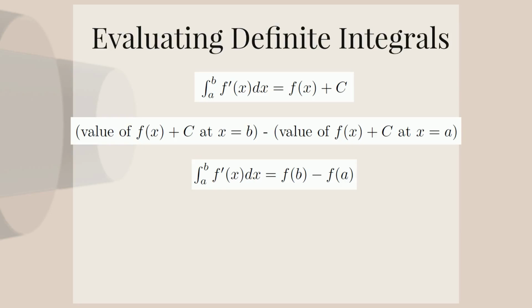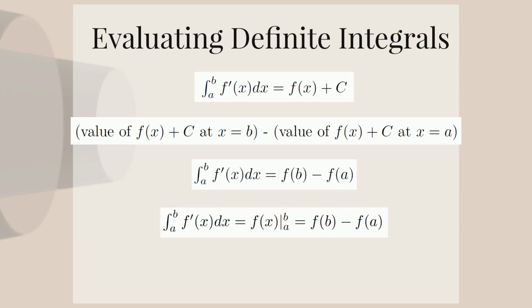So we're really left with just f of b minus f of a. And this is typically written with this vertical bar here. So if we have the integral of f prime of x dx from a to b, we're going to write that as f of x, bar, a to b, which is the same as simply plugging in those variables. You do the top coefficient first, so f of b minus f of a.